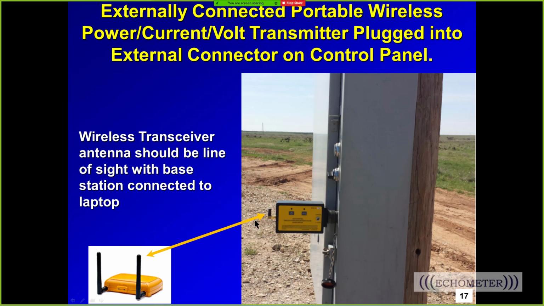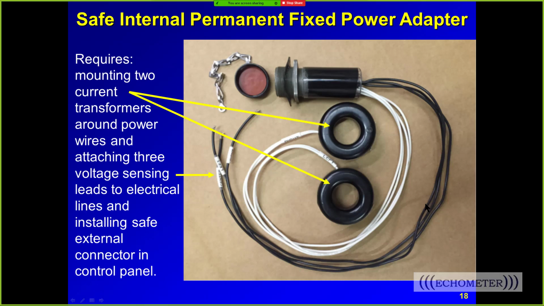This slide shows the big antenna usually on the sensor and the small antenna on the base station. So you get a better signal if you do that. I prefer to have the large antenna here and the smaller antenna here, but this was an early picture that we made.